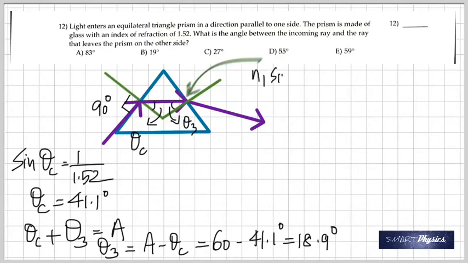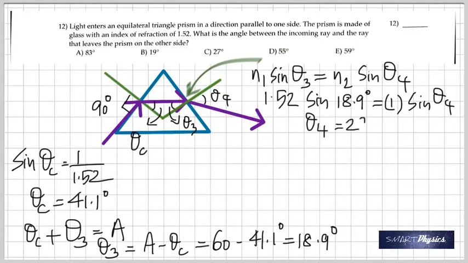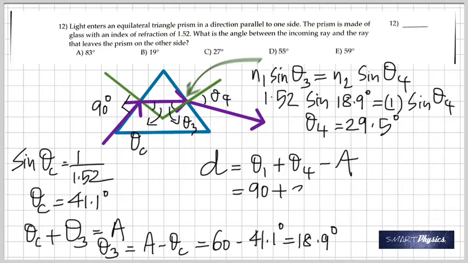From there, you can use Snell's law at that point and find out theta 4. And how much it bends is actually, I'm going to draw it after this, but it's given by theta 1 plus theta 4 minus A.